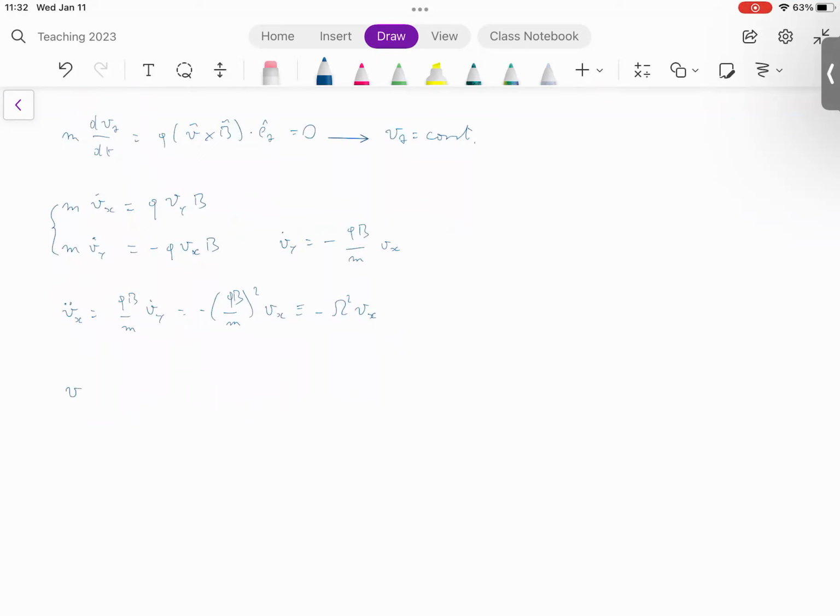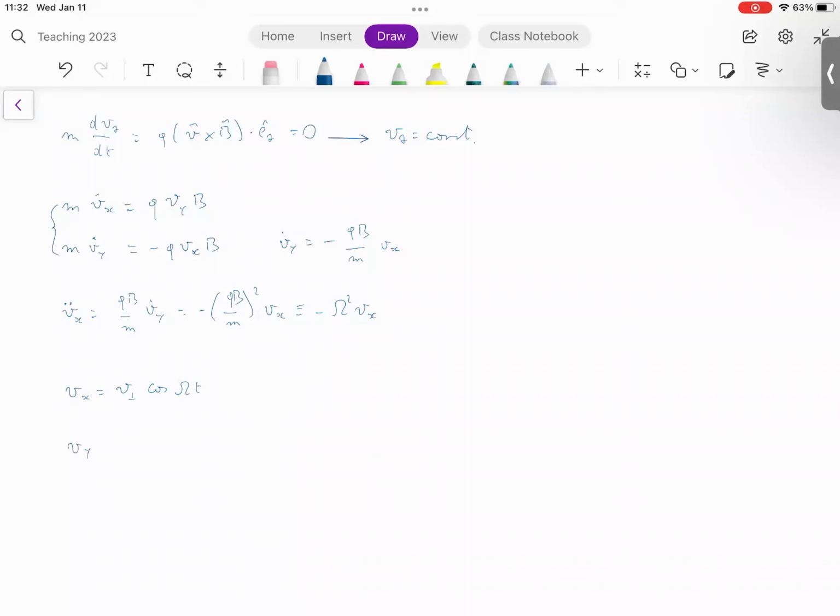And I can pick my time, set time t equals 0 at an appropriate instant, so that I can write v_x simply as a cosine and v_y as a sine. So that's going to be v perp cosine of omega t. And then I place this back in the equation for v_y.